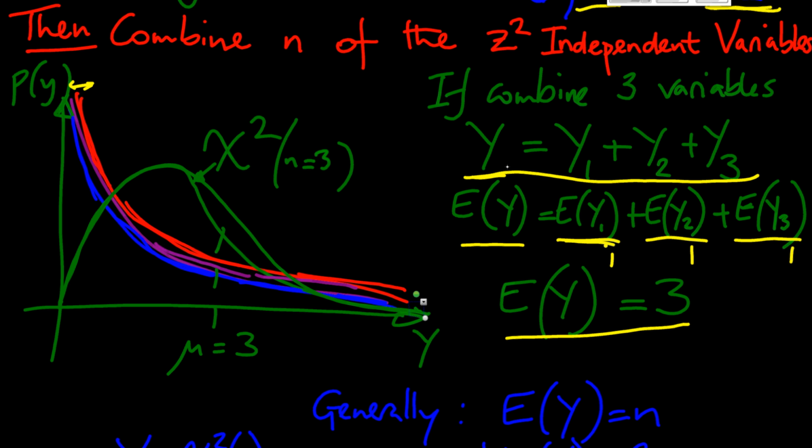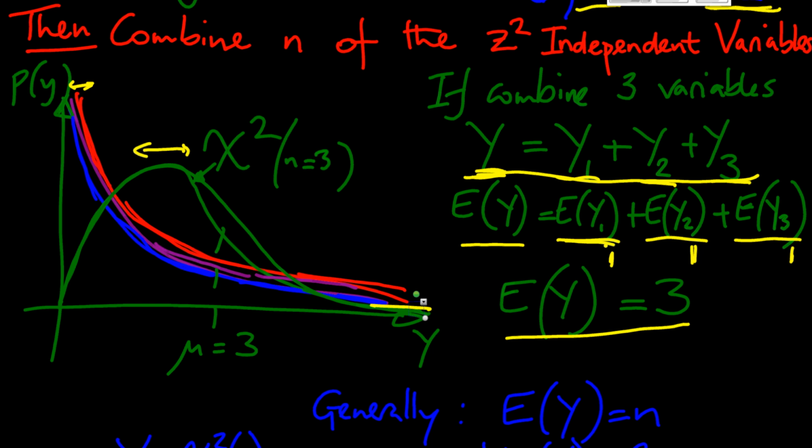So if the sum is only 0.1, that means every one inside it must have been below 0.1, mustn't it, to have got that. Whereas each of them is much more likely to be around 1, and so we get a peak around 1 in the middle, where they're all going to be around 1, and then it runs off again. It's very unlikely they're all going to be very high.